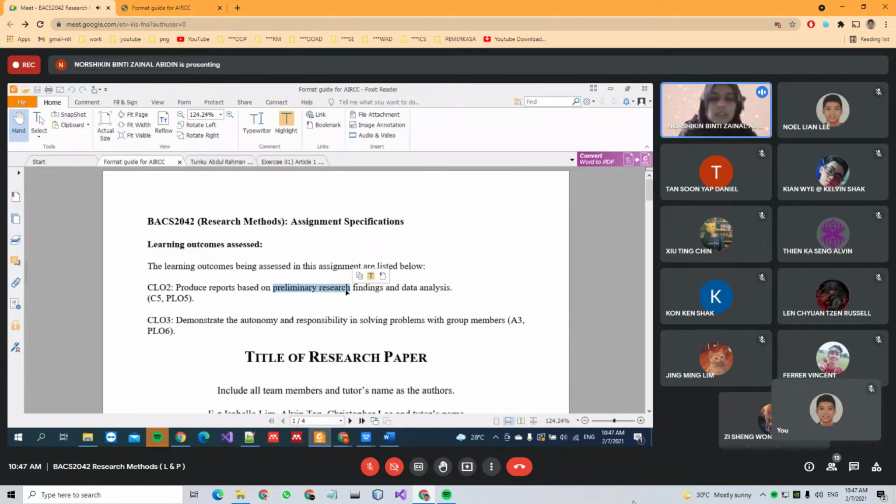So my preliminary research is a study or any data research that I did before I developed this mobile application. Before I develop my application, I go for a data collection or a study. So that is preliminary research.